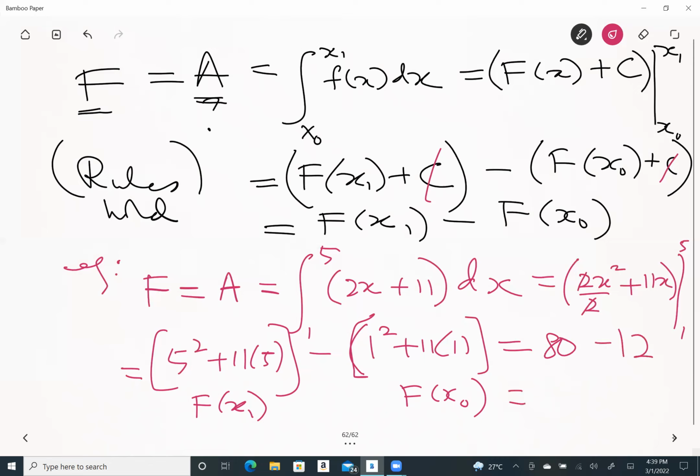So that will be equal to 68. Right? 68. So that is the integral, the value of the integral, or the definite integral of that function, 2x plus 11 from 1 to 5.